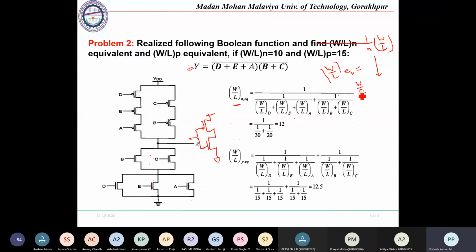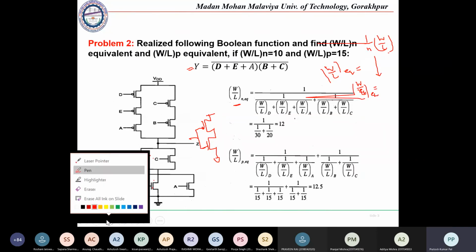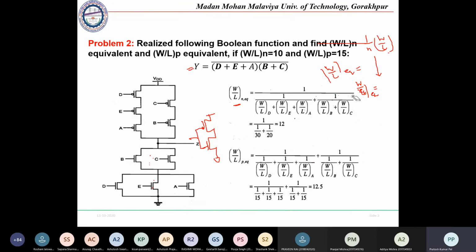So W by L equivalent. Suppose only two transistors are there in series. Then the equivalent W by L is basically written as 1 upon W by L of 1 plus W by L of 2.